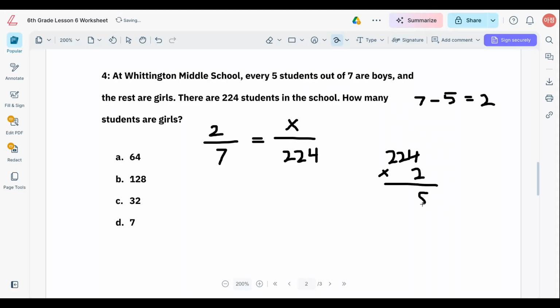And so that's 8, 4, 4. So that's 448. And so that means 7 times X. So 7X equals 448. And to get X by itself, we would have to just divide by 7, right?